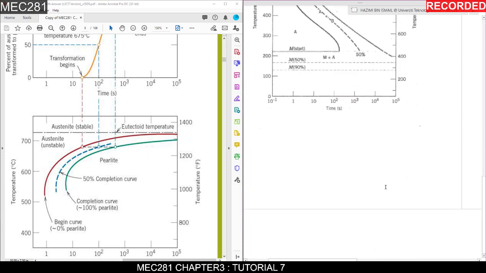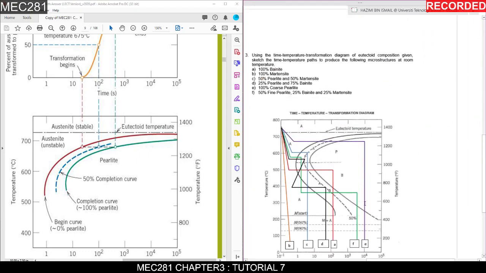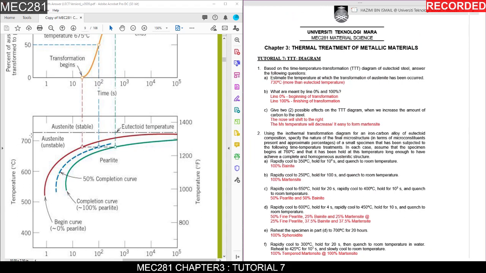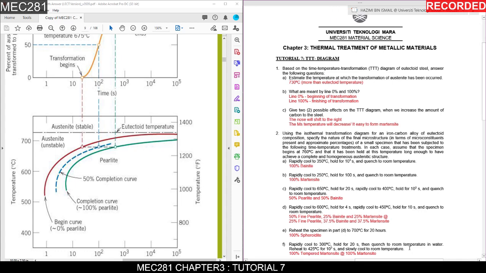So if you answer around that value, around 720 to 770, it can be considered a right answer. But if it is lower than the nose temperature, it is wrong. So make sure it's just slightly above the nose temperature. That's why the question asks you for the estimate value, not the accurate value.